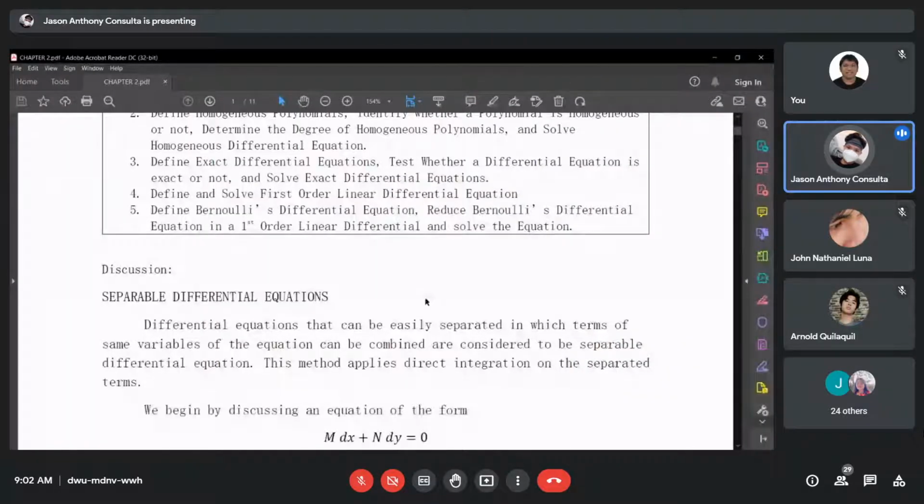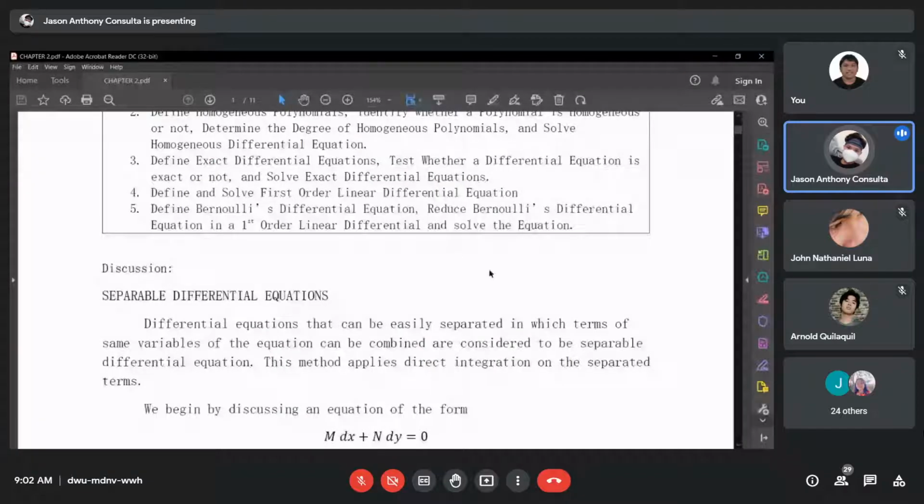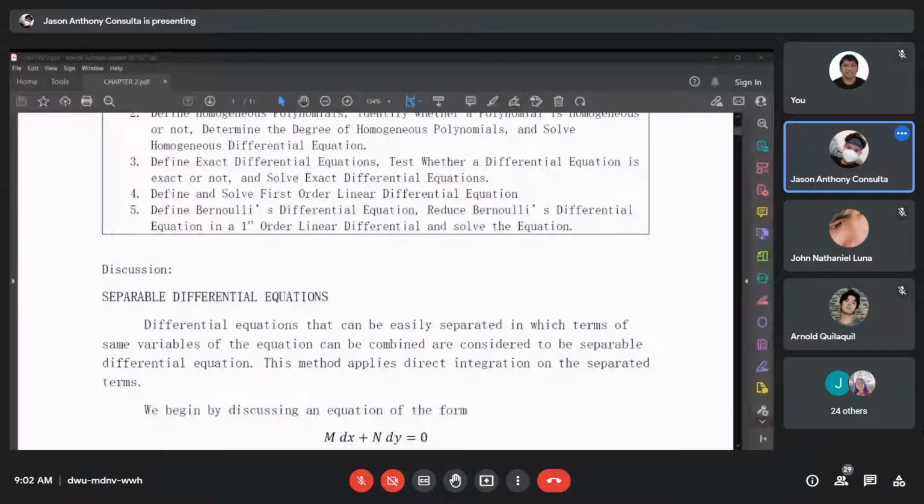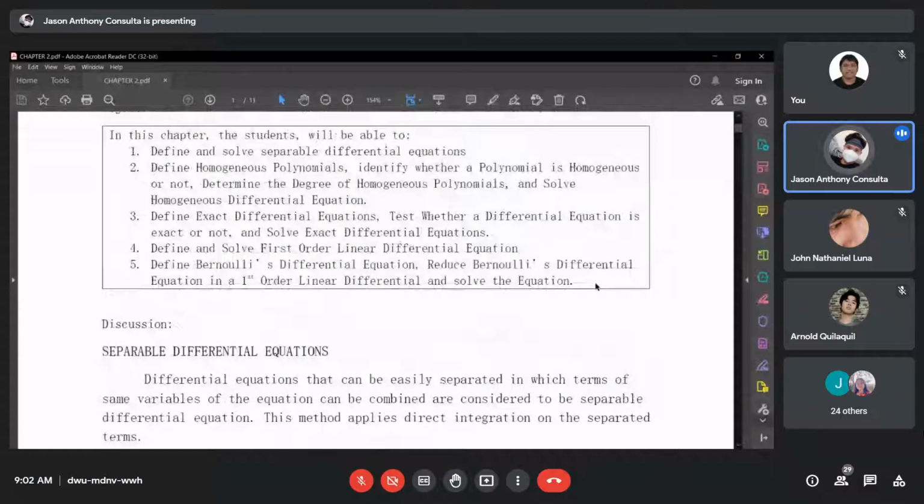So today we are going to discuss the 3 remaining topics for the midterm. Actually, this chapter includes 5 topics, pero ang ini-include ko lang sa midterm is until exact differential equation lang.